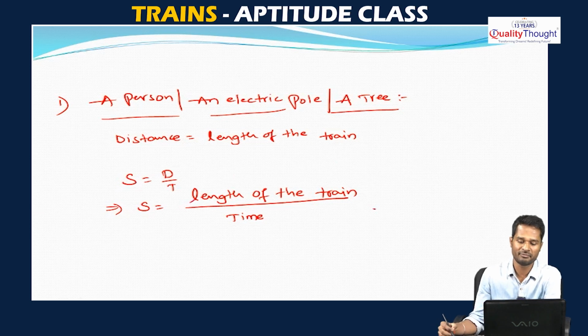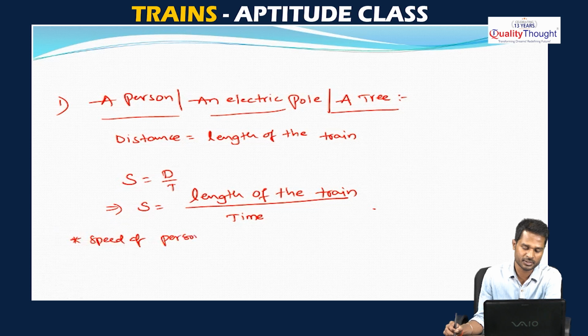So see, if the person is moving, let us take the speed of the person as p kilometers per hour. When the person is in a still position, that means when the person is not moving, then directly you can go for this process.